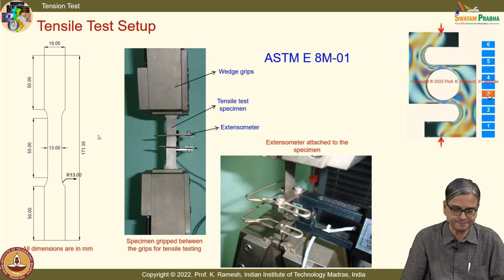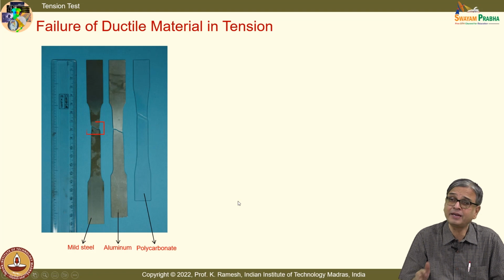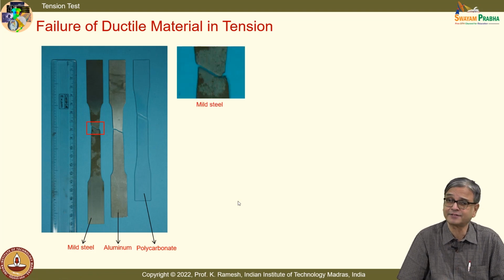Is the idea clear? And when you have a ductile specimen like this, this also shows why it fails like this. I have a mild steel specimen, an aluminum specimen, and also a polycarbonate. Polycarbonate can become plastic.